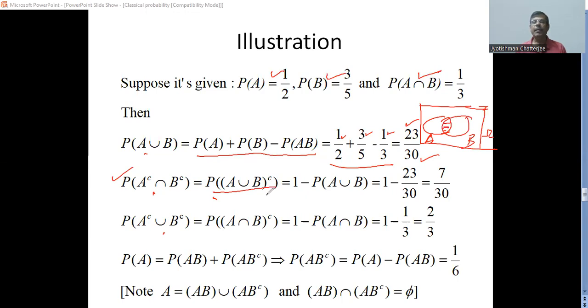And then by applying rules of probability, remember the rule, probability of A complement equal to 1 minus probability of A. We are applying that. Then this one can be written as 1 minus probability of A union B, like this. And A union B we have already found out to be 23 by 30. So 1 minus 23 by 30, that is 7 by 30.